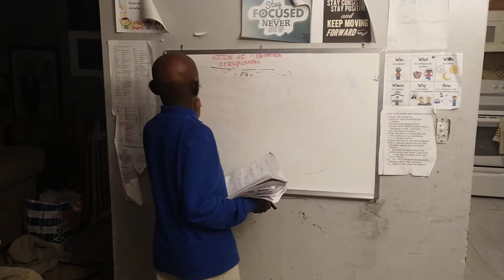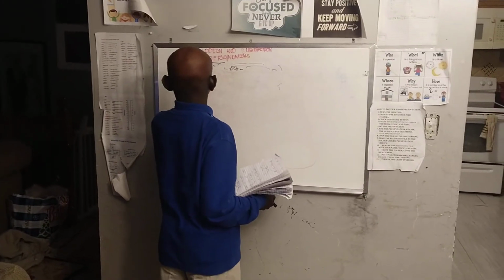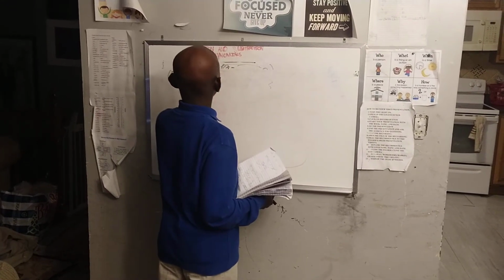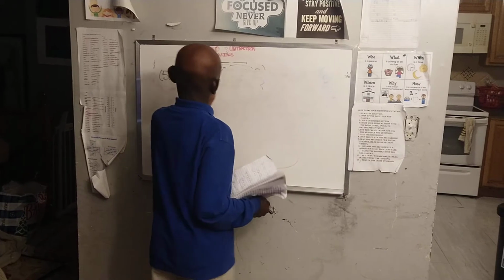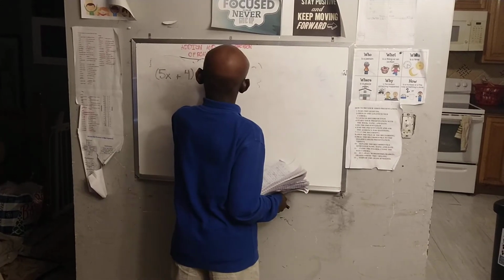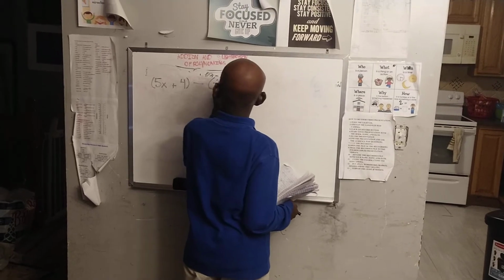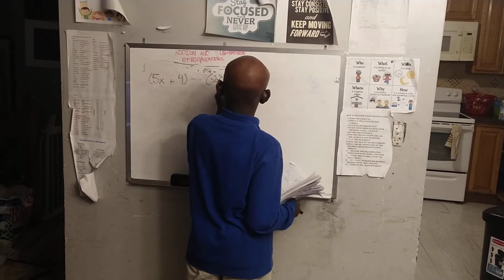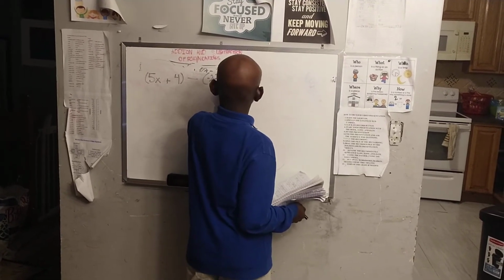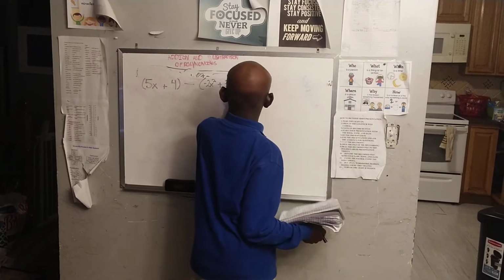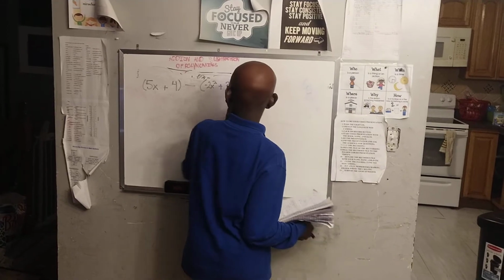Let's try another one. 5x plus 4 minus negative 2x squared plus 3x minus 10.